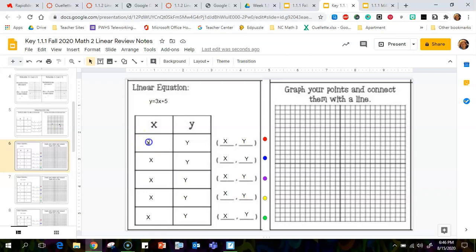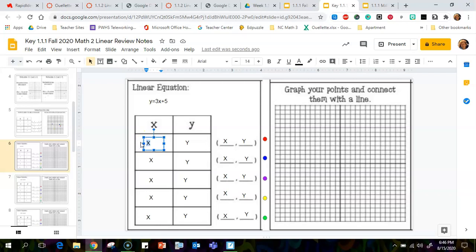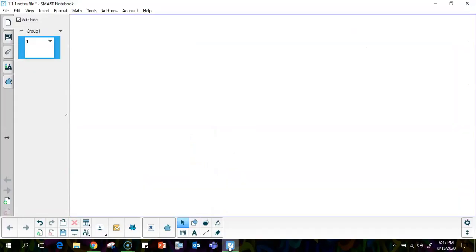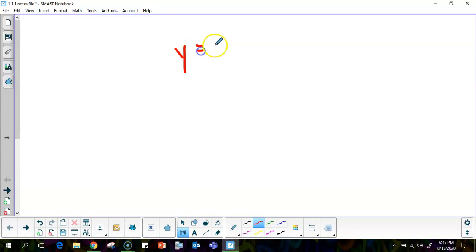When we need to make an XY table, what we typically do is start with something like -2, and then we go to -1. These are all our x values, and we're going to plug each of these into this equation to get our y value. So if I plug in a -2 for the x, that's going to give me my y value. Now I'm going to go over to my Smart Notes because I can't write on these Google Slides. I had y equals 3x plus 5.